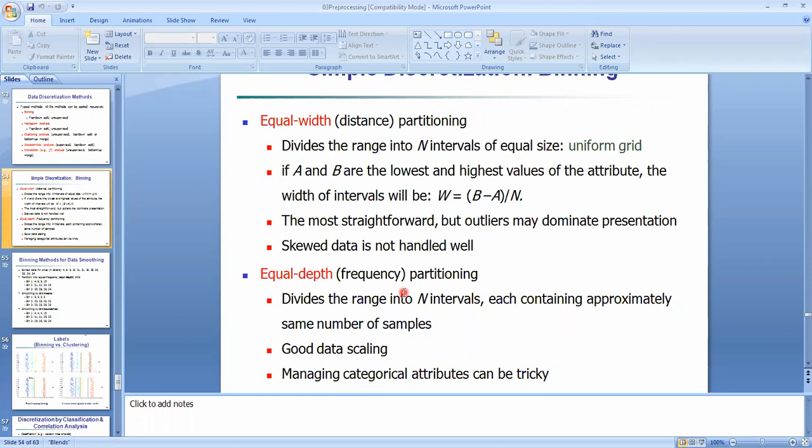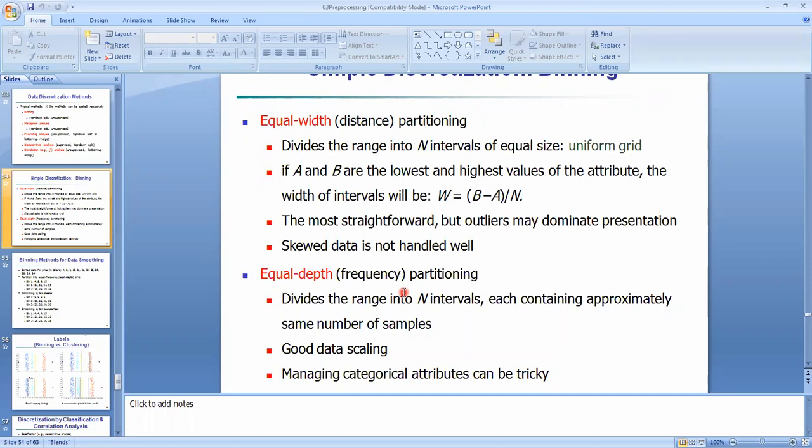So for example, N equals 3 intervals. The first interval consists of 10 particles, the second interval consists of 10 particles, and the third interval consists of 10 particles. That means the number of samples will be the same in equal depth frequency partitioning.